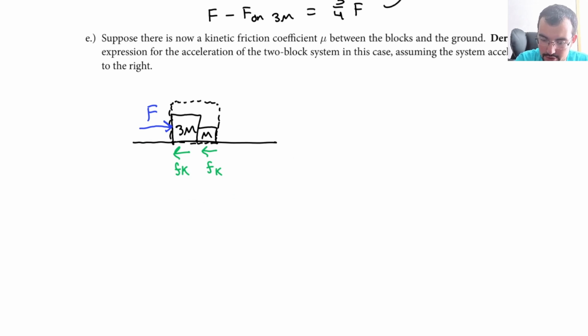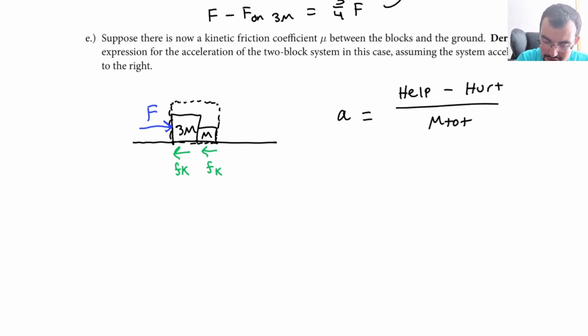So we can just use our fact that acceleration is the helping forces minus the hurting forces divided by the total mass of the system. The force F is still the only thing helping, and there are two hurting forces: the kinetic friction force on the 3m, and the kinetic friction force on the 1m.